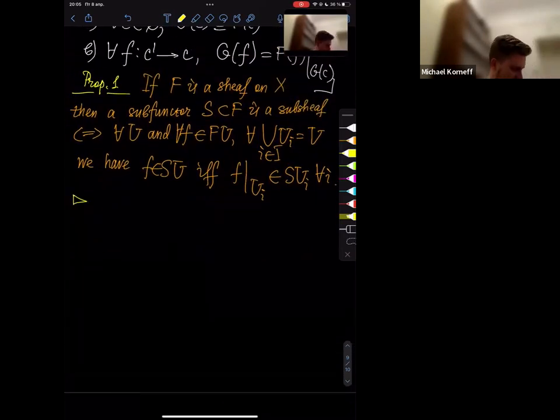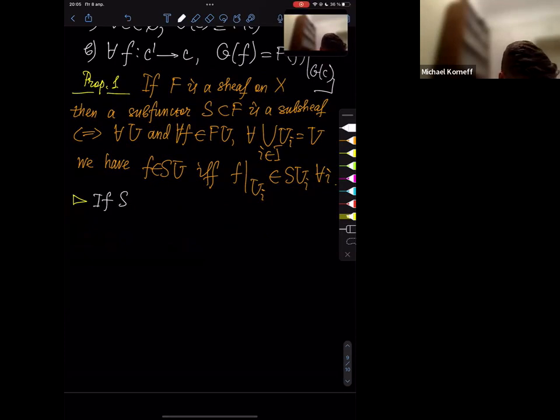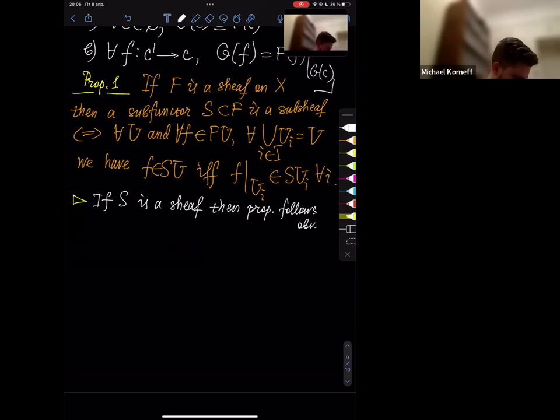Let us prove this simple proposition. First of all, if S is a sheaf, then the proposition follows obviously. Okay, and the other direction.